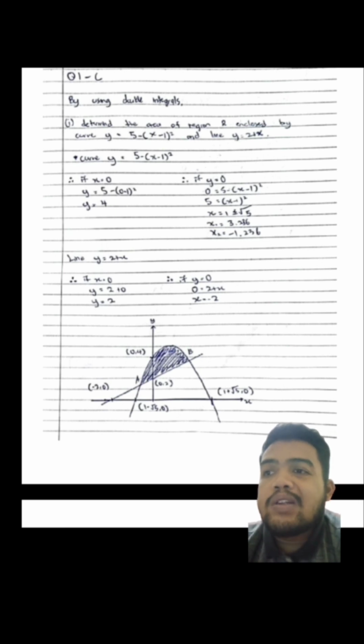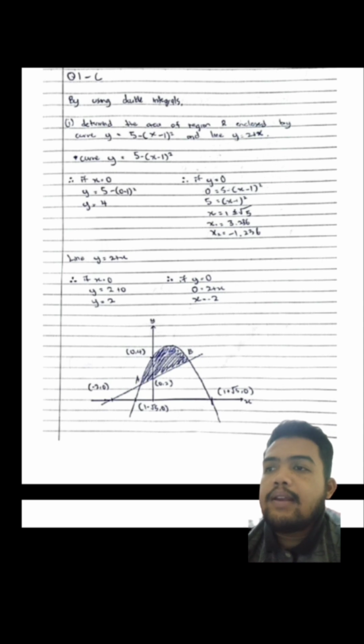If y equal to 0, 0 equal to 5 minus (x minus 1) squared, so the answer is x equal to 1 plus or minus square root 5. So x1 equal to 3.236, x2 equal to negative 1.236.